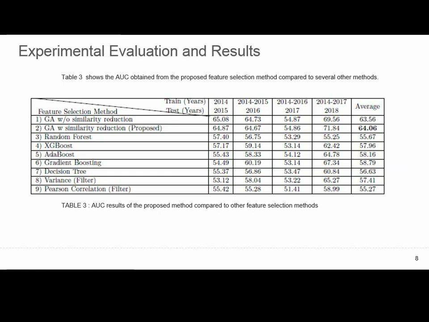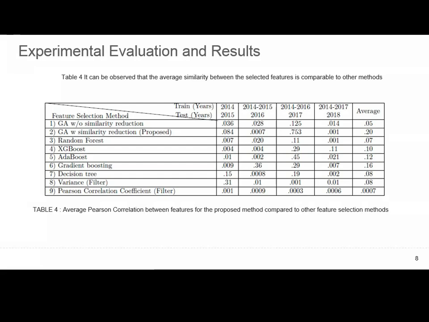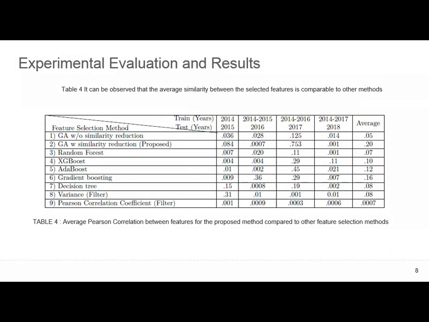It is also essential to discuss the number of selected features and their correlation. The average Pearson correlation value between the selected features is shown in Table 4. It can be observed that the average similarity between the selected features is comparable to other methods.